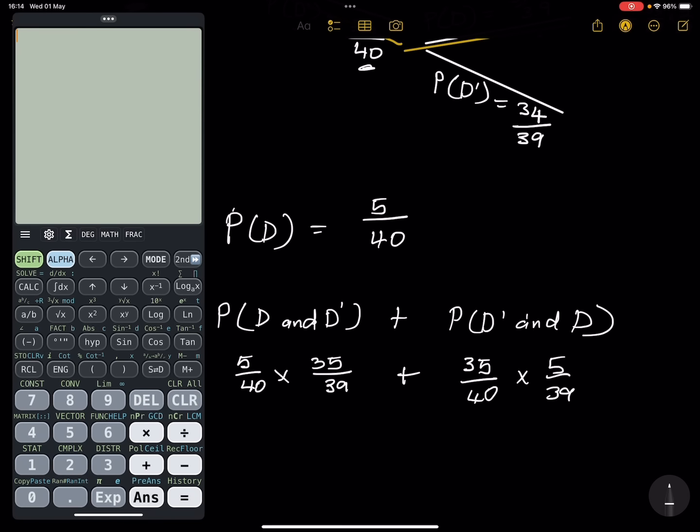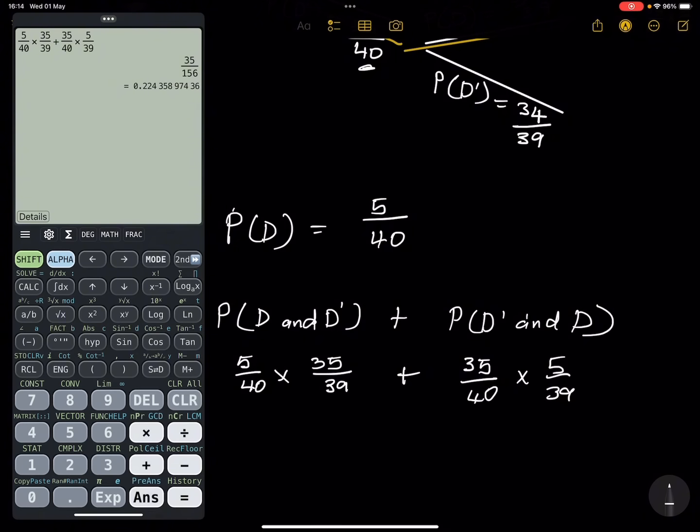Okay, so that you guys don't complain. Okay, so that's 5 over 40 multiplied by 35 over 39. Okay, and plus, this is 35 over 40 multiplied by 5 over 39.